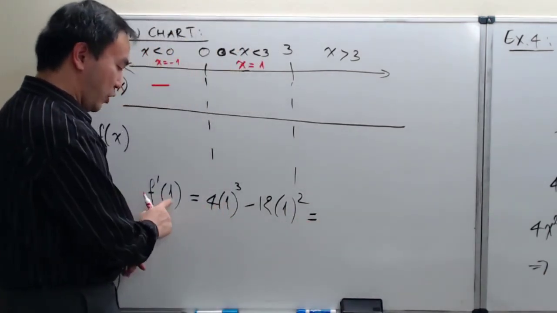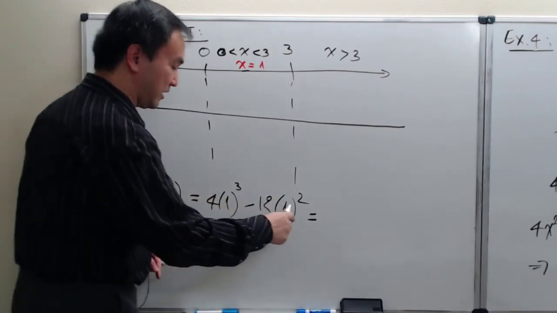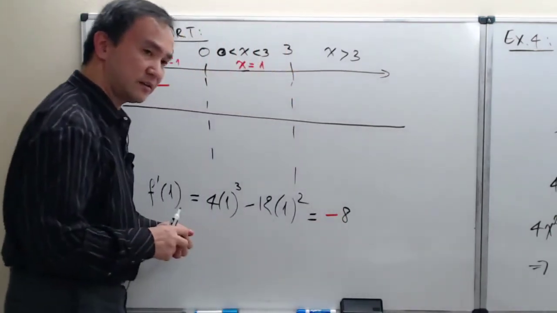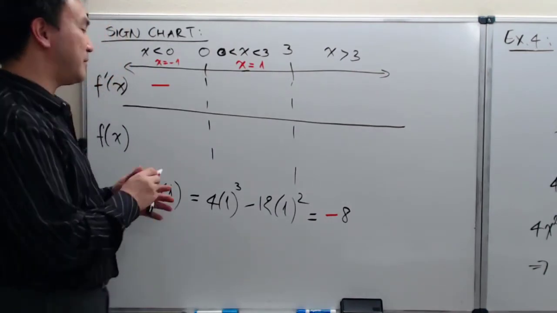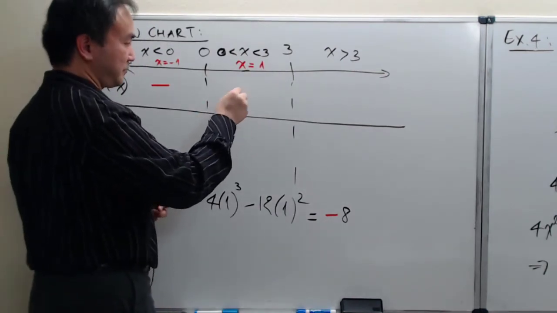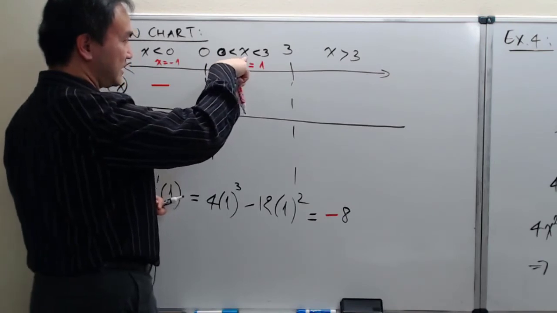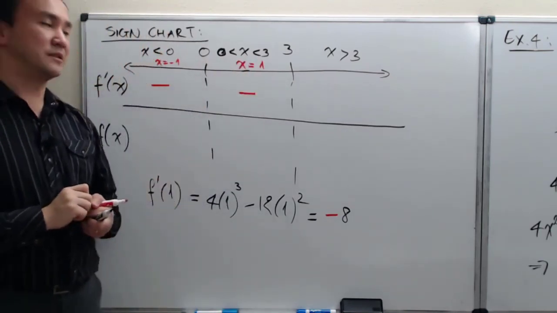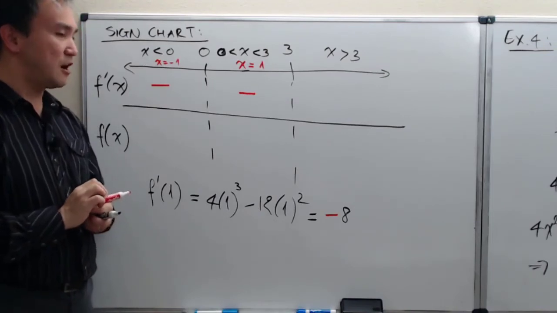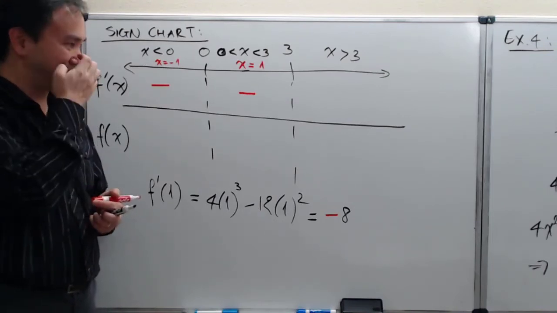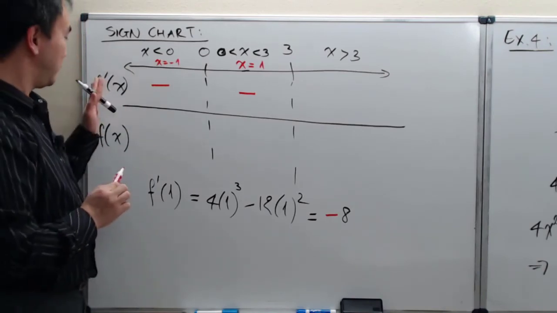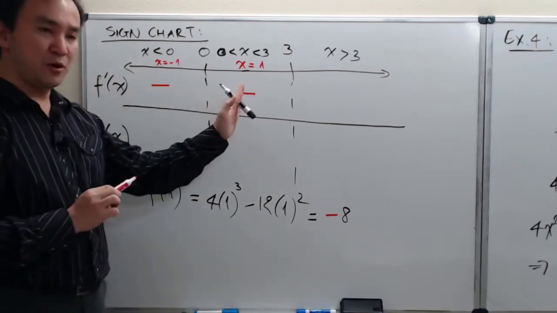Based on my chosen value x equals 1, I came out with again -8. That means for my entire interval, anywhere for x between 0 and 3, I'm looking at a negative sign for the derivative's output.